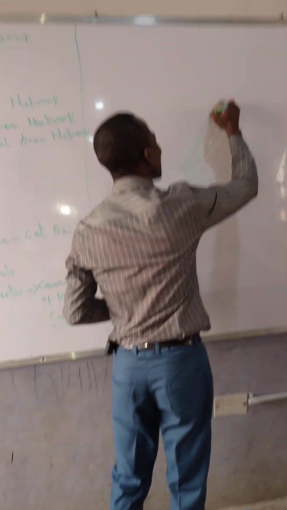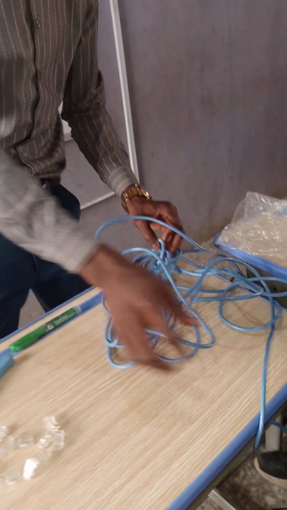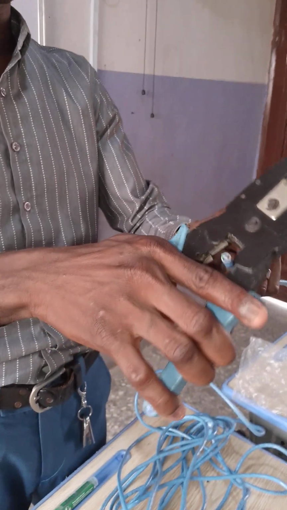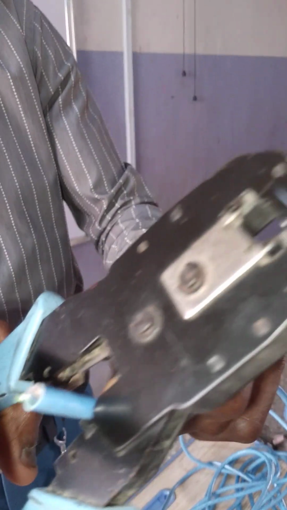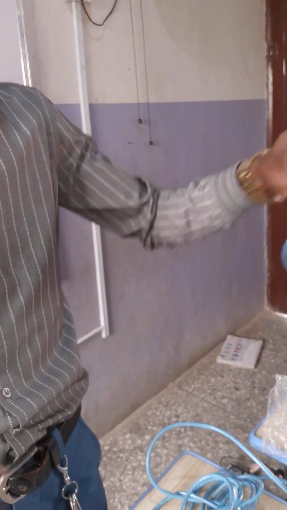Each of the wires has color. Let me cut and show you how it looks like. We will continue next week with it, but we are starting today. You see where I'm placing it? Let me just roll it so that I can cut the cover away. Can you see the wires?